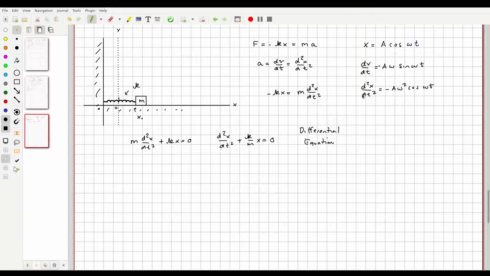Now what I'm going to do is put this in here for this, and put this in here for this. So x is this.